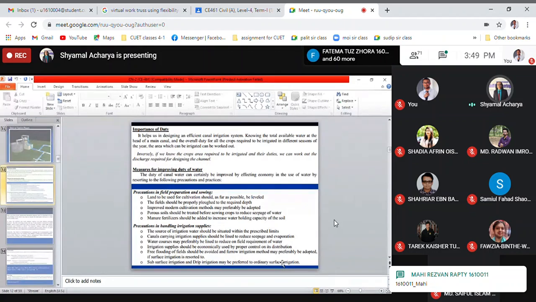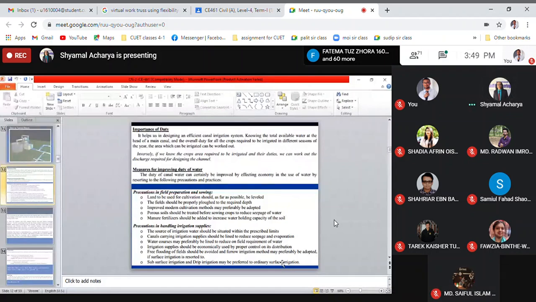If you line it, then seepage losses are reduced. How could evaporation losses be reduced? If you line, the water carrying capacity, the water movement capacity will be high. Less obstacle, more water flow. More water flow, less time to evaporate. In that way, evaporation losses will also be reduced.